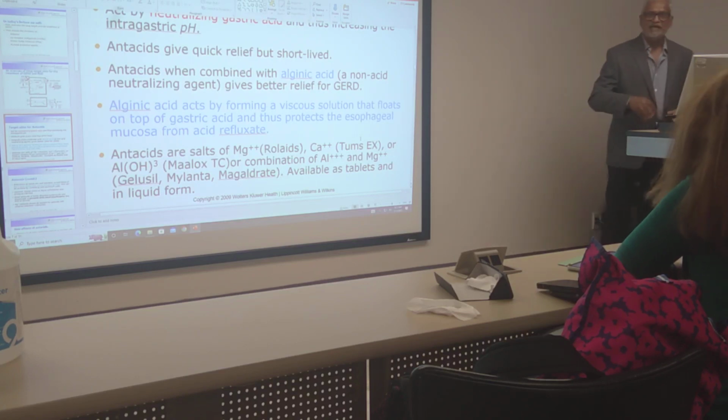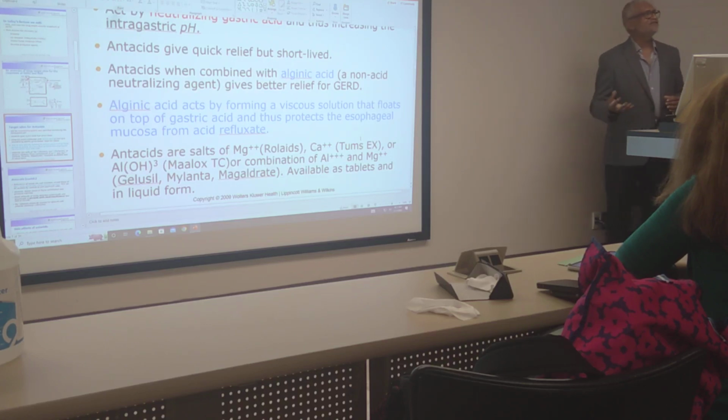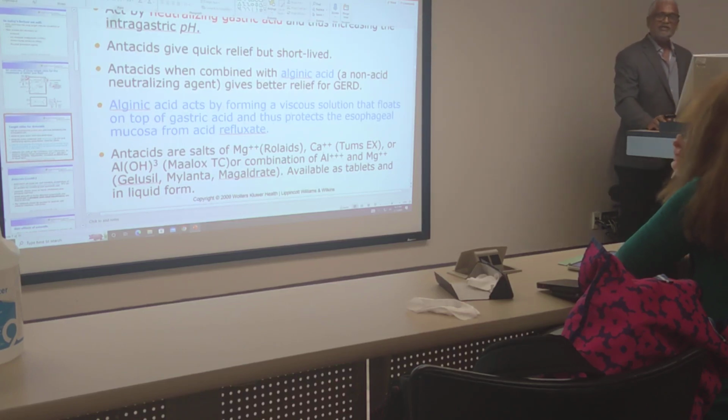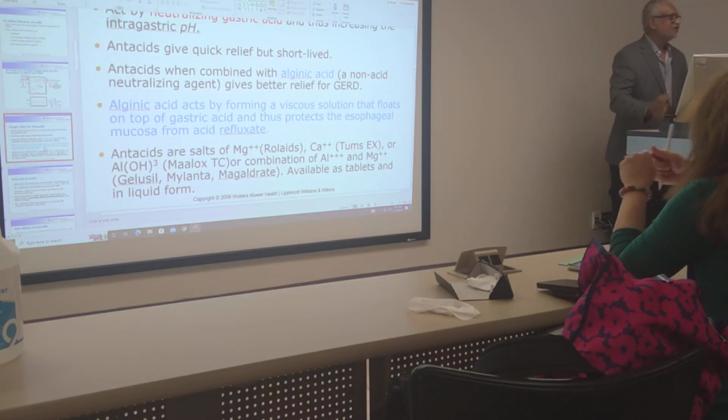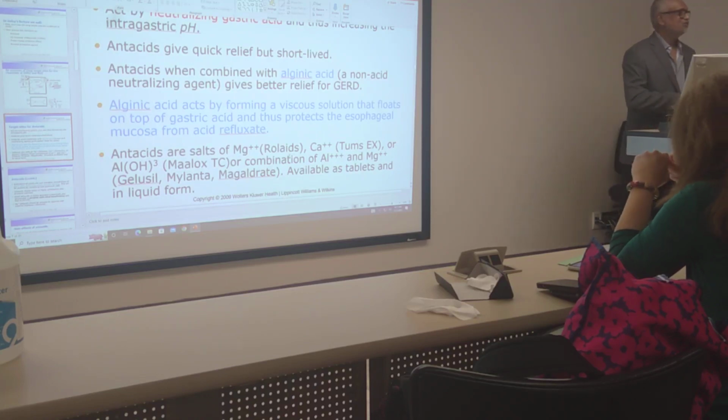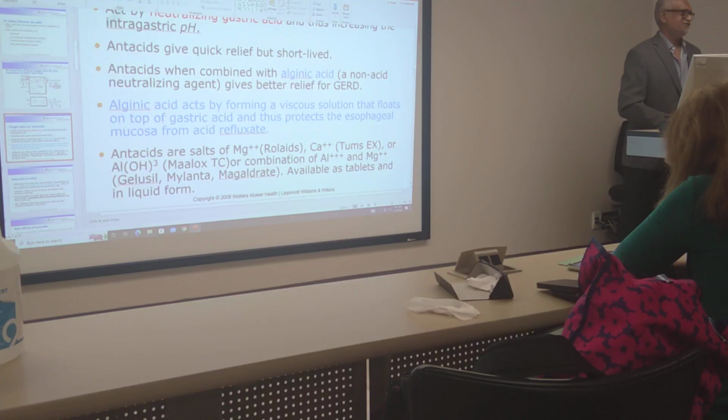They react with the antibiotic and chelate it, so that the antibiotic would not get into the system, and the antibiotic's function is compromised. That is the important drug-drug interaction with antacids: certain divalent cations are detrimental for a patient who is on antibiotics.